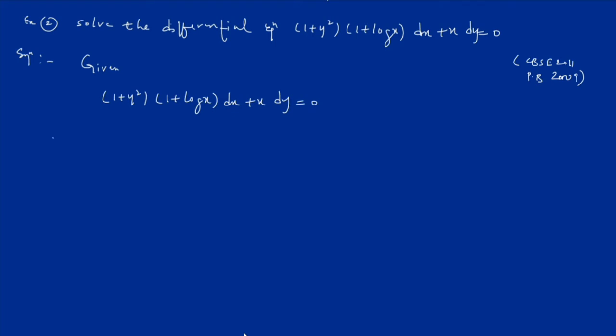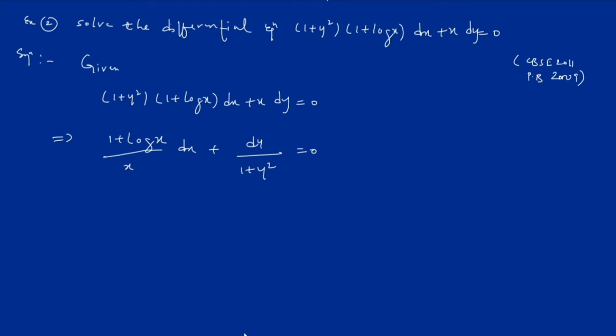After variable separable, what we get here: 1 plus log x by x into dx plus dy upon 1 plus y square equals 0. Can we write like this? Just we have separated the variables, x term one side, y term other side.